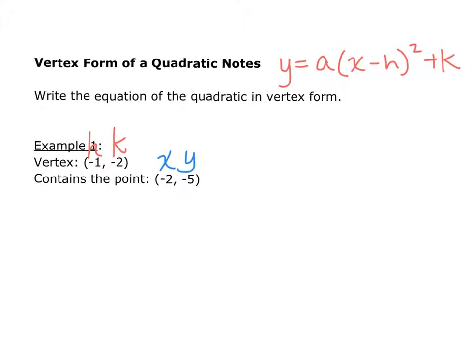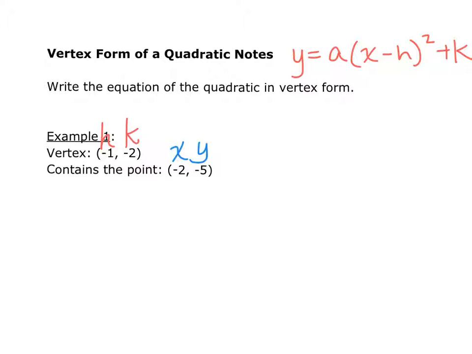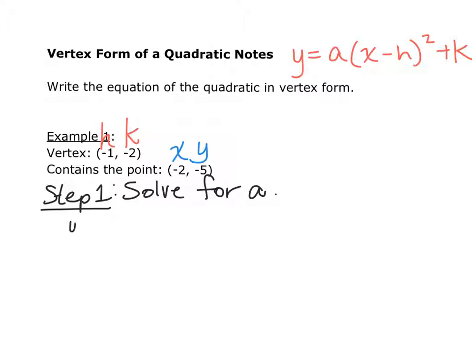So the first step, step 1, we're going to solve for a. I'm going to use that equation, y equals a times x minus h squared plus k.